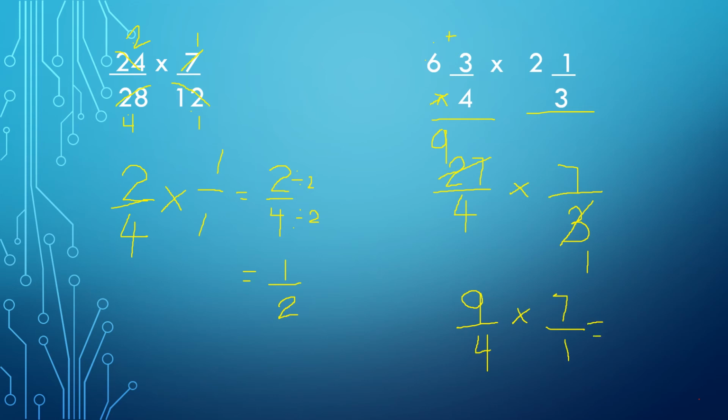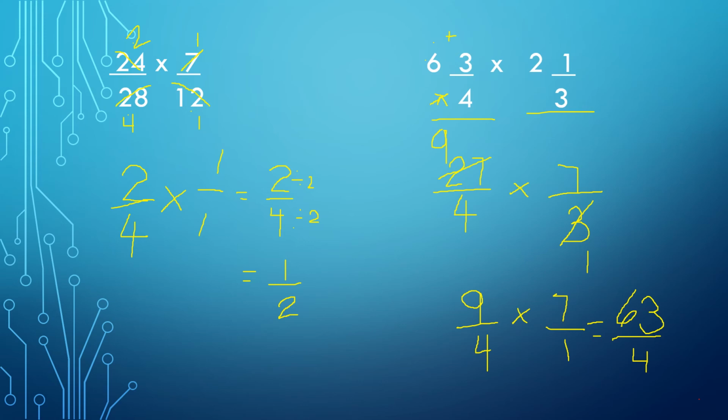And we're going to follow the rules, which say numerator times numerator, denominator times denominator. All right, so now at this point, we're going to finish up by multiplying 9 times 7, which is 63, over 4 times 1, which is 4.